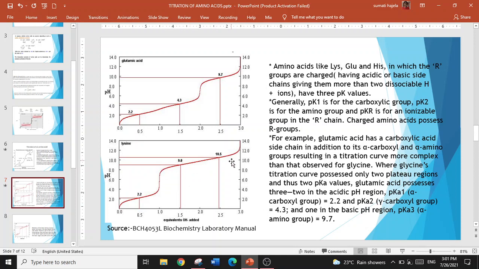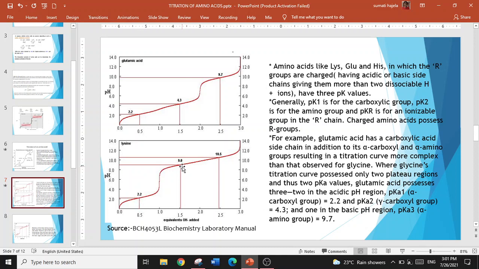अब इसमें क्या होगा, उल्टा हो जाएगा. This is for lysine, जो कि बेसिक है. इसमें 2 अमाइनो ग्रुप्स हैं जो कि टाइट्रेट हो सकते हैं. सो सबसे पहले मगर कौन सा टाइट्रेट होगा, कार्बोक्सिलिक ग्रुप जो कि सबसे एसिडिक है.